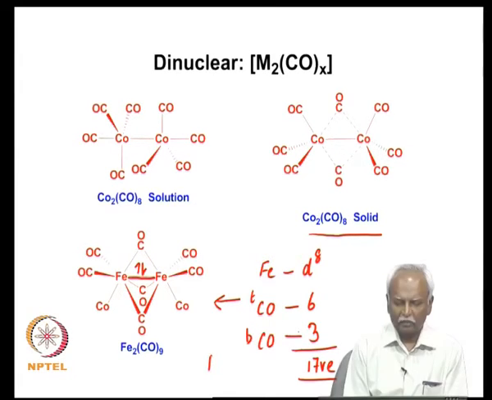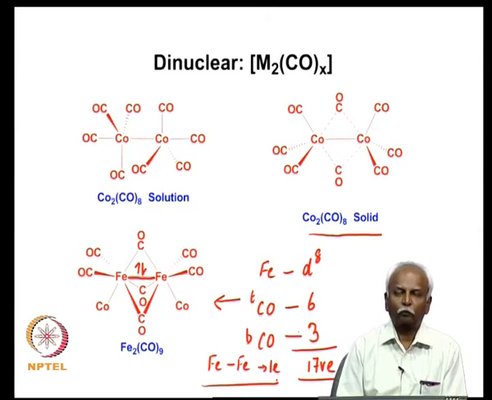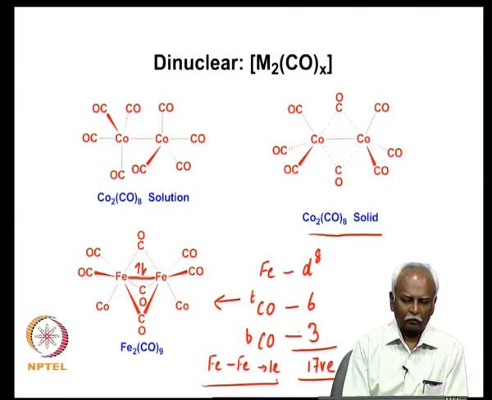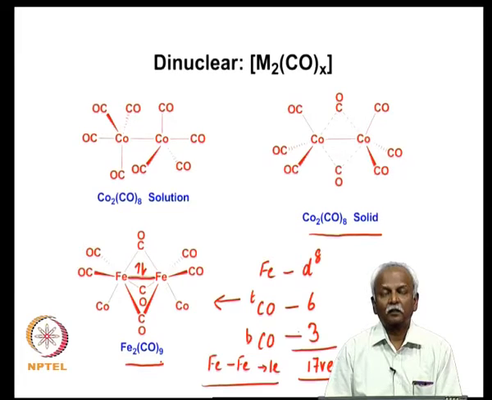So, the iron-iron bond will contribute 1 electron. That gives you a total of 18 valence electrons for the Fe2(CO)9. So, this is chemistry that is completely governed by this tendency to form 18 valence electrons around the metal atom.